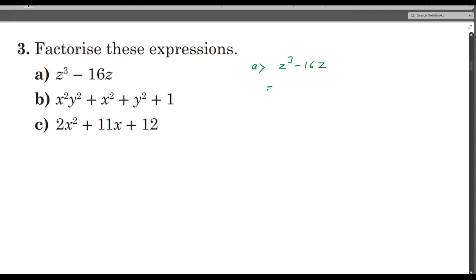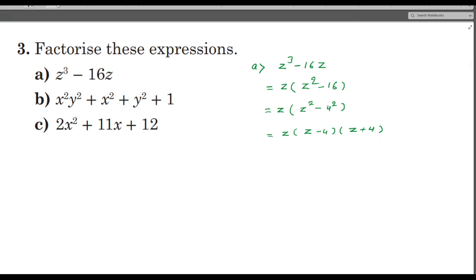Now here you see that z you can take common, so it is z square minus 16. Now this z square minus 16 is of the form z square minus 4 square, which is a square minus b square, and therefore you can write that as a minus b times a plus b. Okay, done.